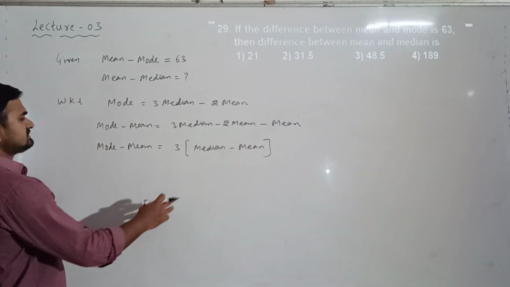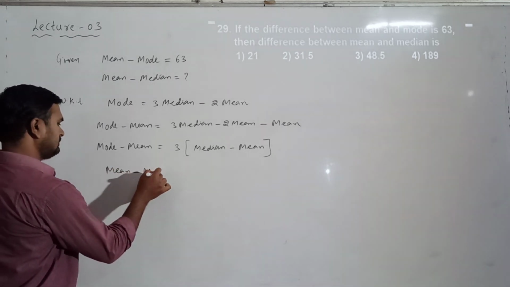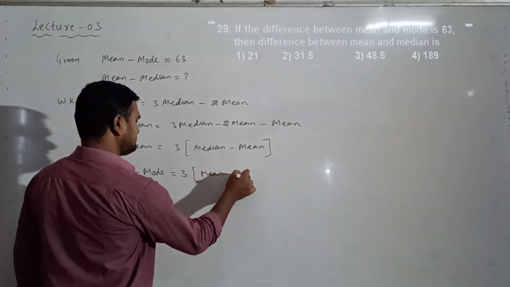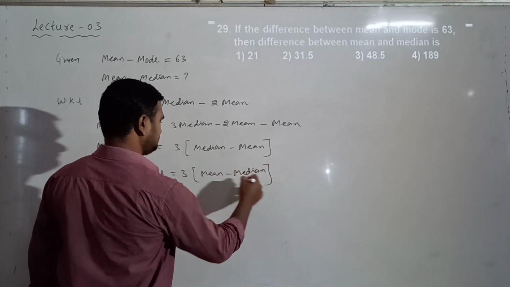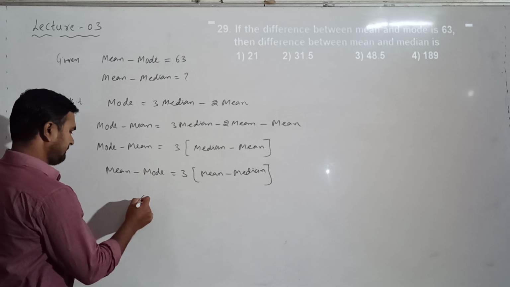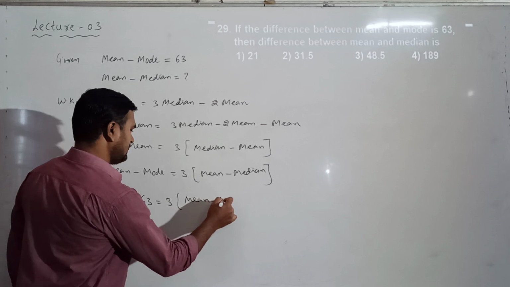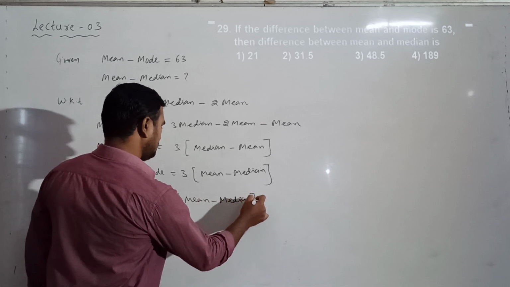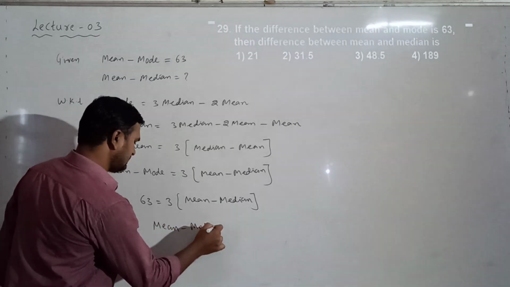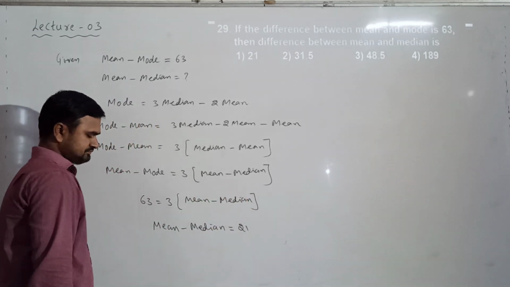Taking the minus common and cancelling, mean minus mode is equal to 3 times (mean minus median). This is given as 63. So 3 times (mean minus median) equals 63, and the required difference between mean and median is 63 divided by 3, which is 21.